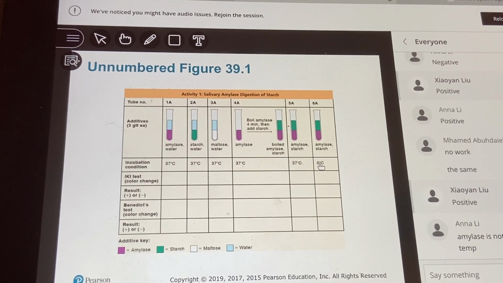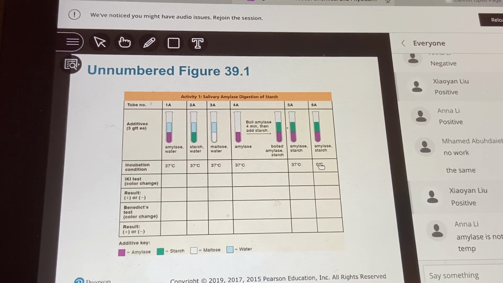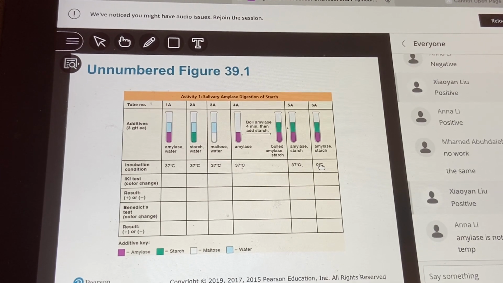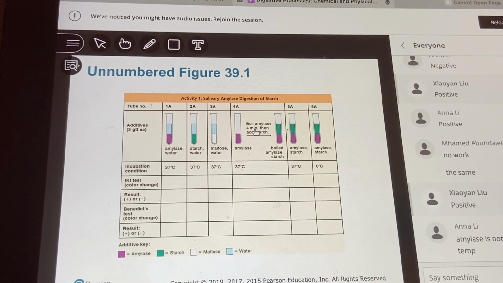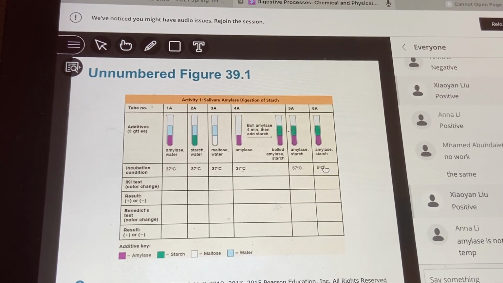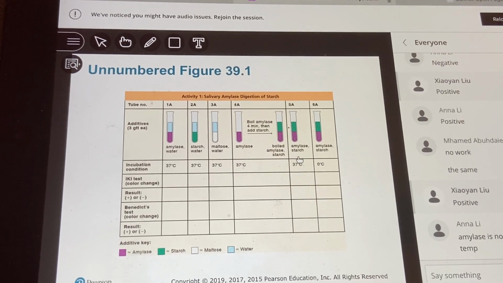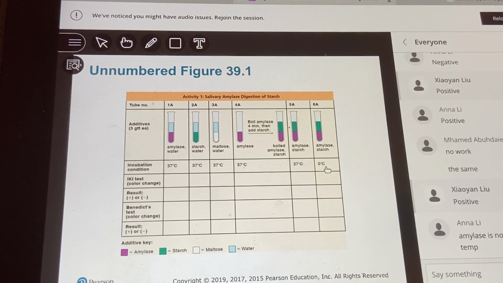As I was mentioning in Bio 1, the effect of temperature on enzyme activity: you boiled it to high temperature, you killed it. You froze it, it's the same thing, because enzyme will work at 37 degrees Celsius. Okay, is it clear?